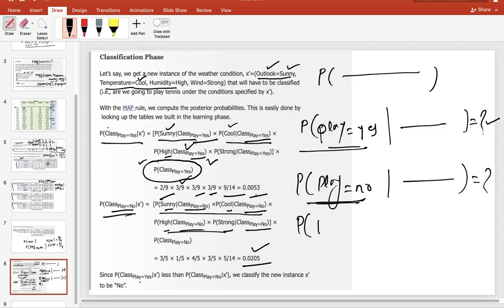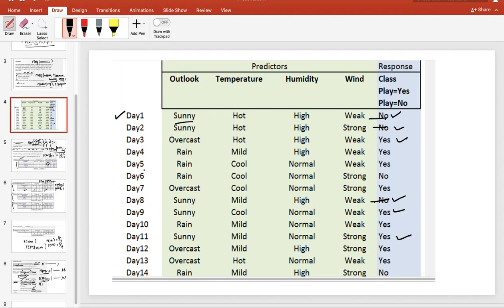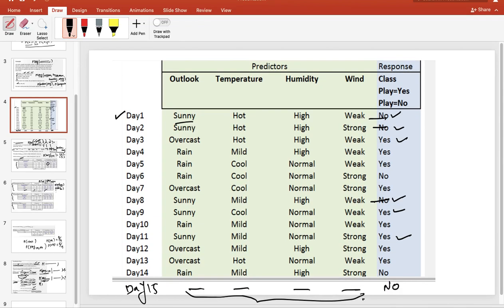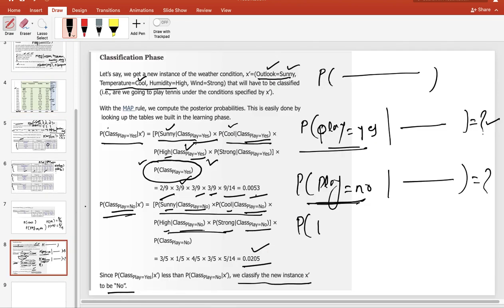So since the probability of class play is equal to yes is less than the probability of class play is equal to no for the given weather forecast or data point, we classify the new instance x dash to be no. That means if I add those conditions here as day 15, this class will be no, right? So this is x dash.